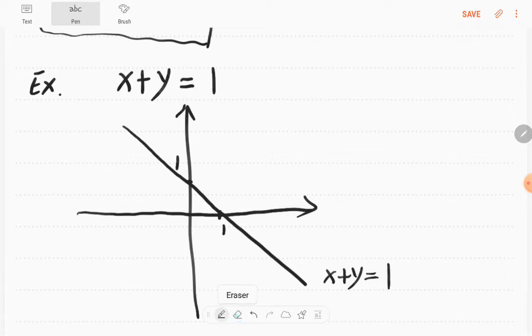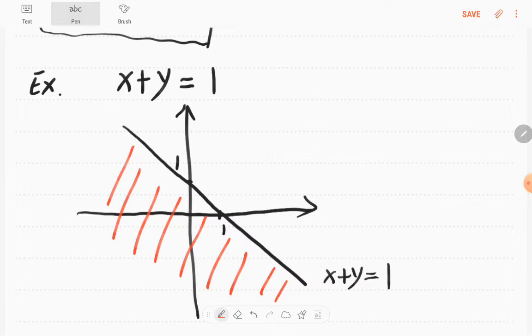And what about the region below this line, which is sometimes called the lower half plane or the left half plane? This red shaded region has the boundary x plus y equals 1, and this red region represents x plus y less than 1.